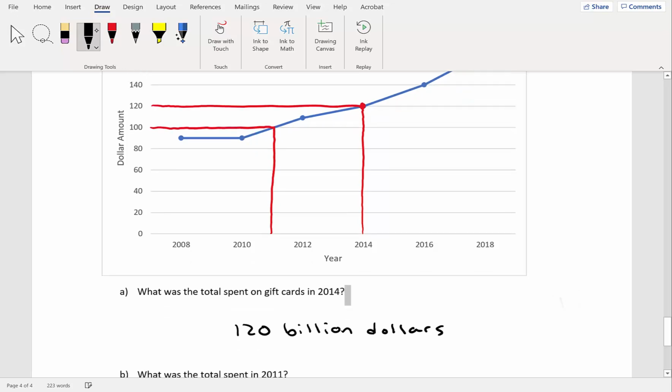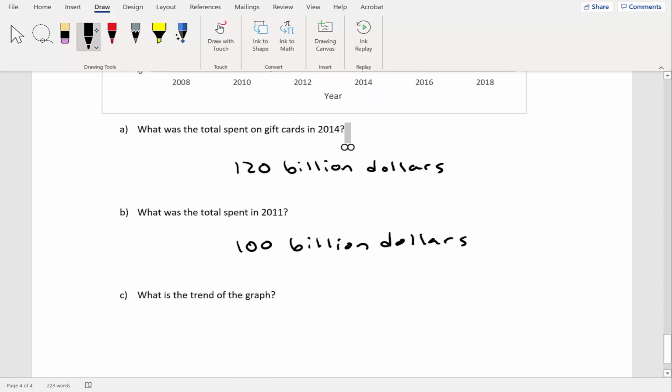Okay. So the trend of this graph is increasing as the years go on.